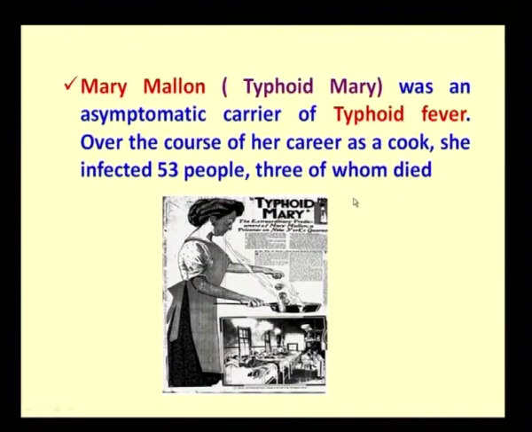See, this lady was a cook. She was affected by typhoid, but she did not have any symptoms at all. She was asymptomatic, and thus she did not know that she was affected by typhoid. And as she was a cook, she had to use her hands for cooking, by which she transmitted the typhoid disease to 53 people, out of whom 3 were killed.